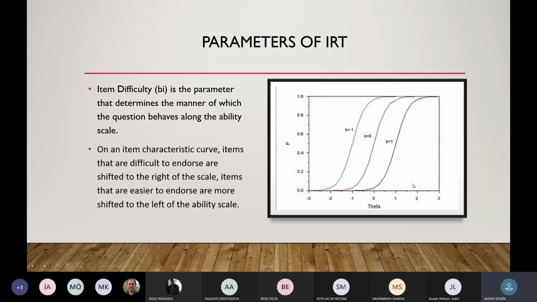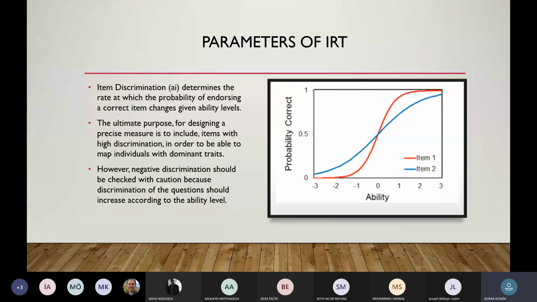The second parameter is item discrimination, and it determines the rate at which the probability of a correct response changes given the ability level. What does that mean? For a harder question, even if you are a low ability student, you can get the right answer by simply guessing. In this case, there is negative discrimination.